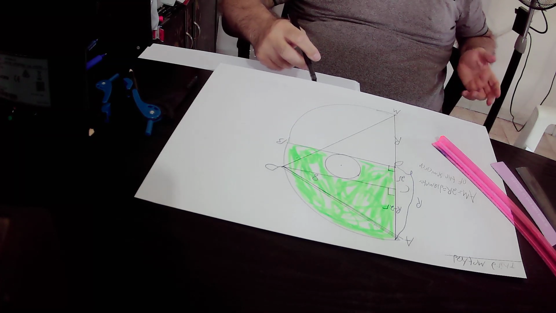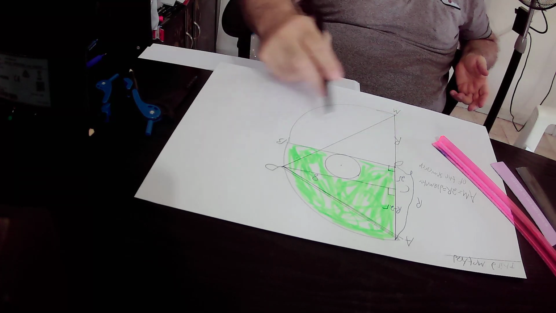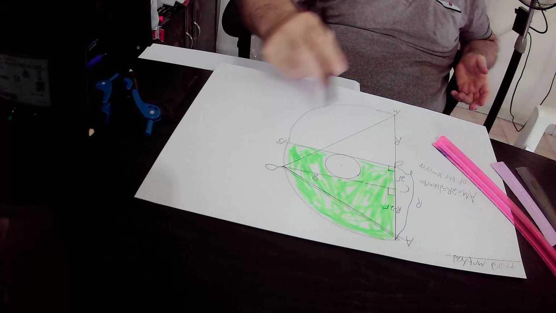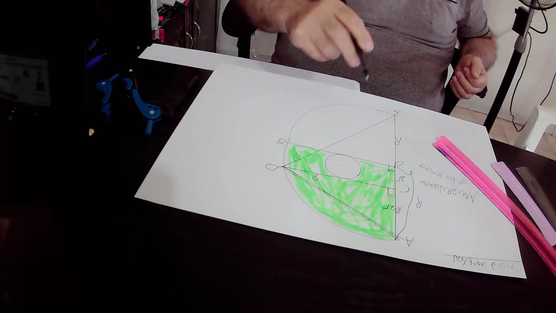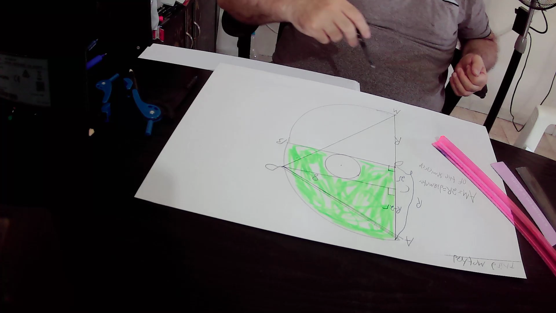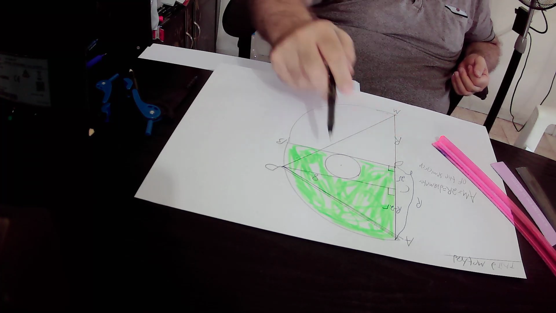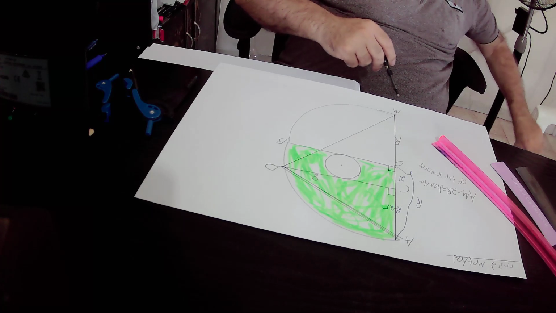Angle ADM is a peripheral angle. And this peripheral angle, angle ADM, rests on AM, that is the diameter of the circle.